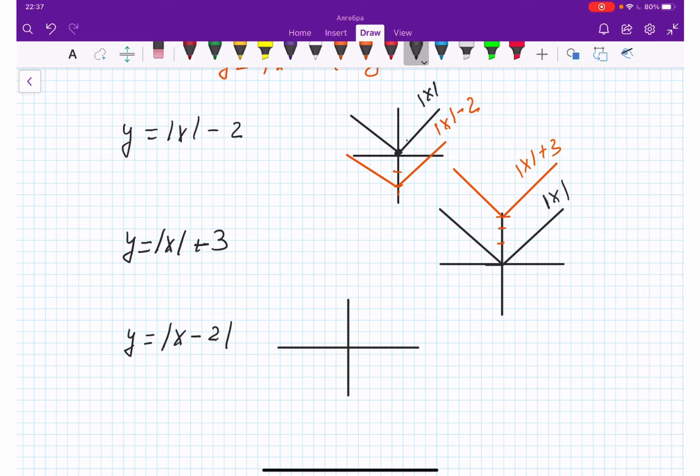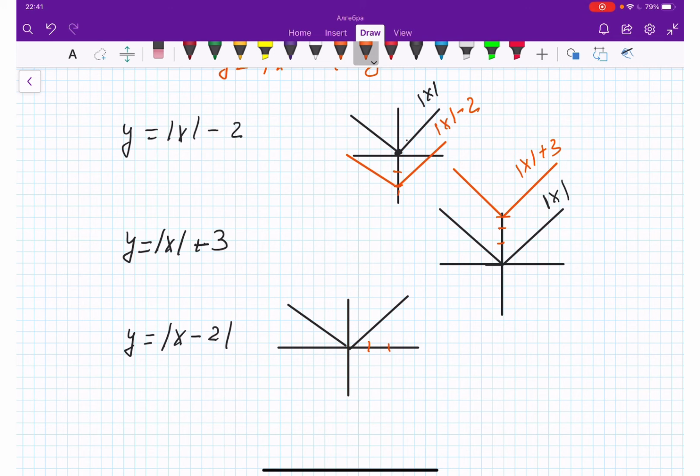First we are going to build again absolute value of x, as always. And what is interesting here, since we have shifting of x by negative 2, that means we have to move by positive 2, 1 and 2.